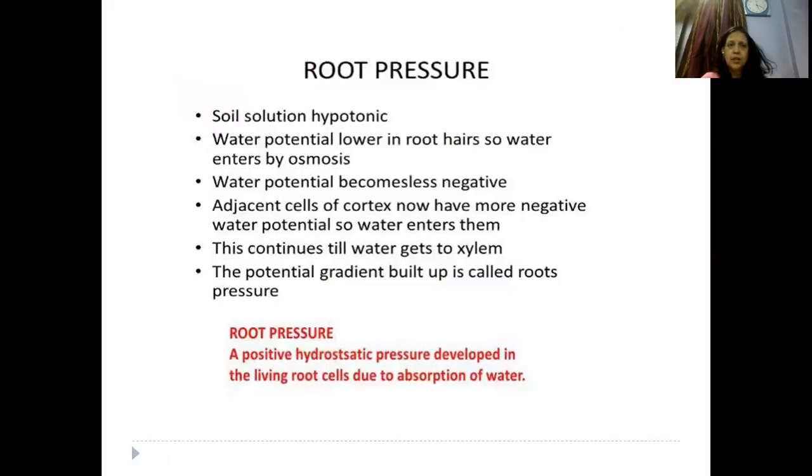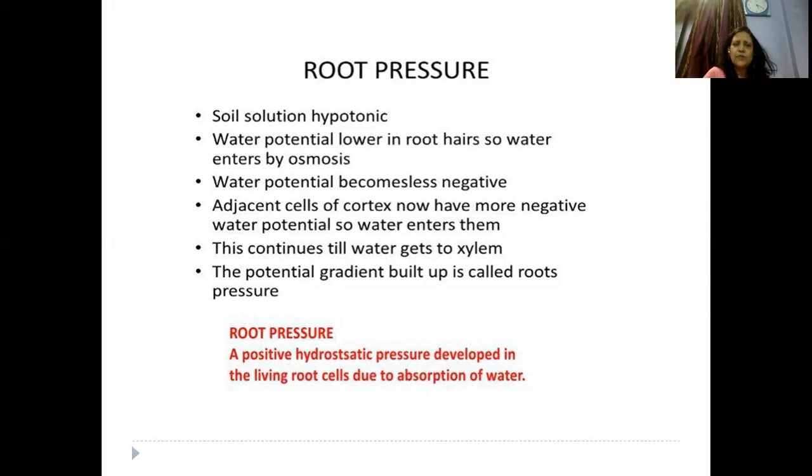So the root pressure. What do you find in the root pressure? The soil solution is hypotonic, and the water potential is lower in root hairs, so that the water enters by osmosis. Okay, so the water potential becomes less negative, and then what happens?